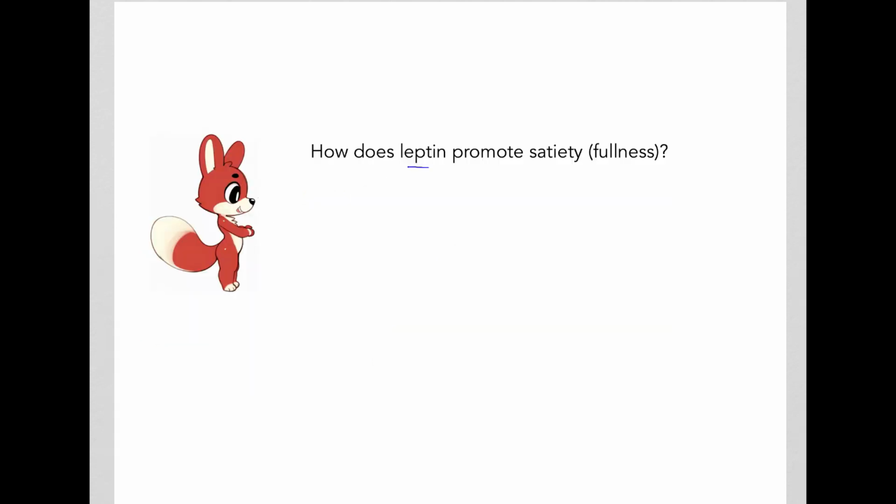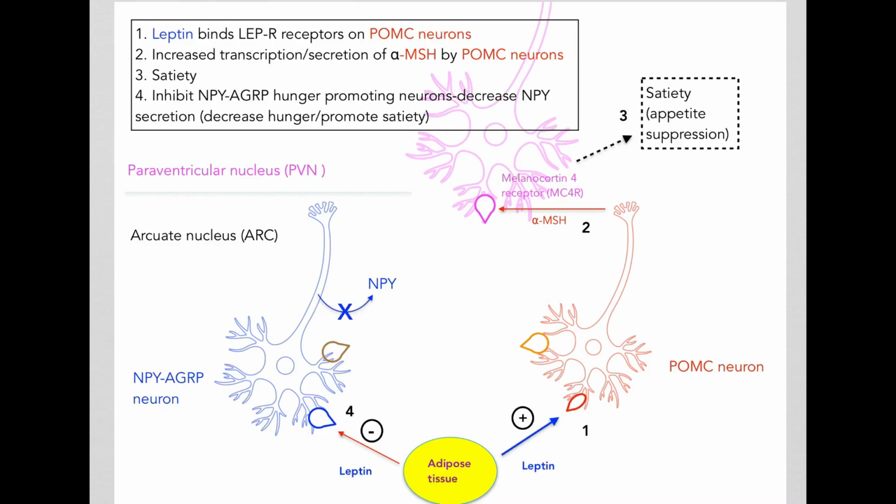How does leptin promote satiety, or the feeling of fullness? Let's look at this. One way by which leptin suppresses appetite is that leptin binds the leptin receptors that are present on the POMC neurons in the arcuate nucleus of the hypothalamus.